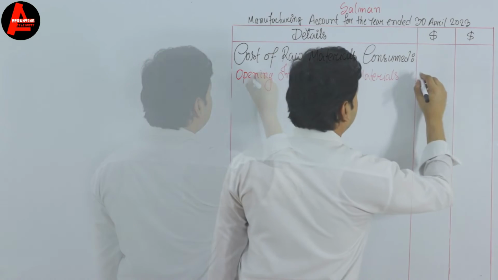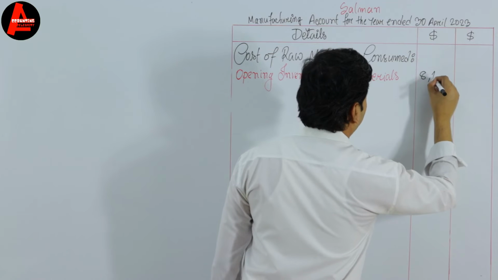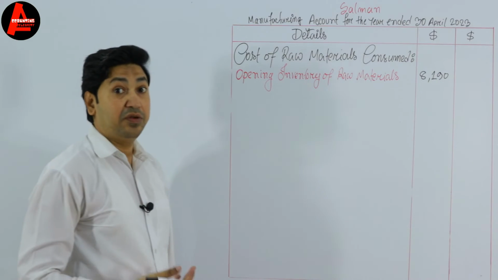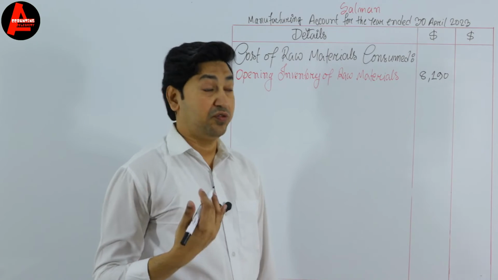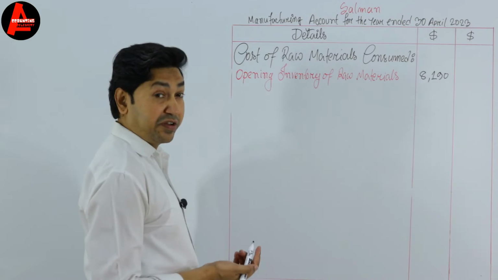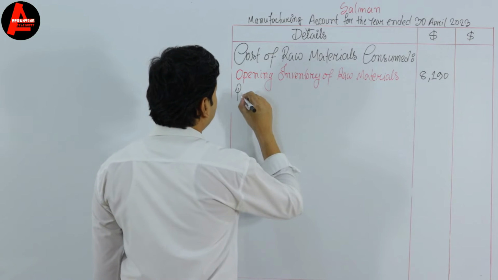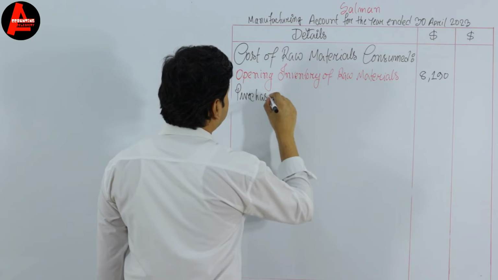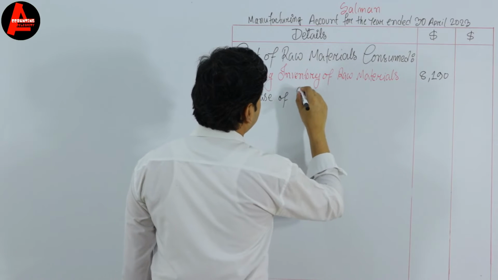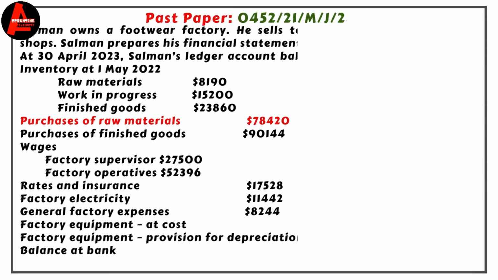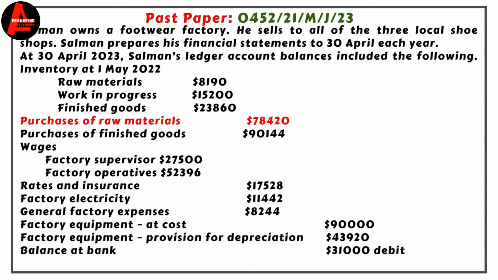So here it is $8,190, okay? Good. Then we have purchase of raw materials, yeah? We will add this purchase of raw materials to the opening inventory, okay? So let us write here purchase of raw materials. On the question we see the purchase of raw materials is $78,420, okay?